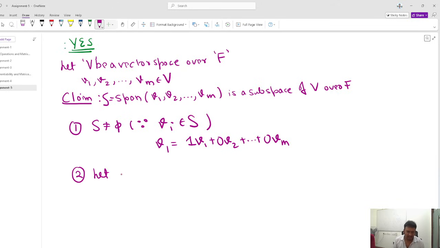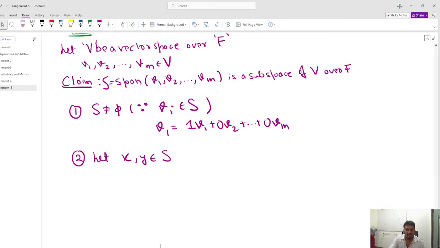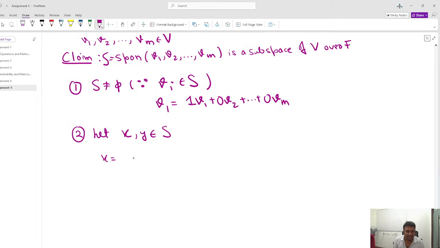Let x, y belong to S. So it means x is some linear combination, right? Call it c1x v1 plus c2x v2 dot dot dot cmx vm. Why am I writing x in the superscript? It just means the constant depends upon x. It doesn't mean I am multiplying c1 x times. It's just some constant dependent upon x.